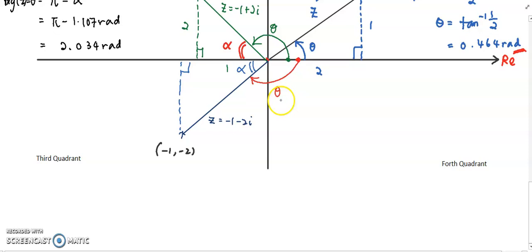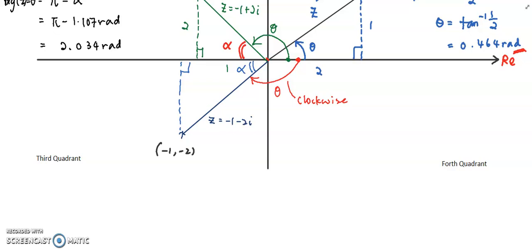We will get the theta. And bear in mind that now the angle follows the direction of a clockwise. When the angle follows the clockwise direction, don't forget that the final answer is in the negative sign.